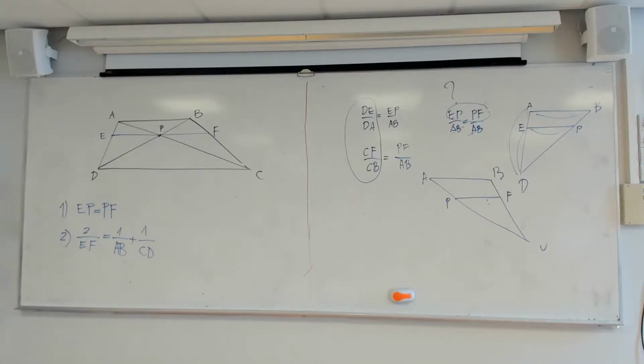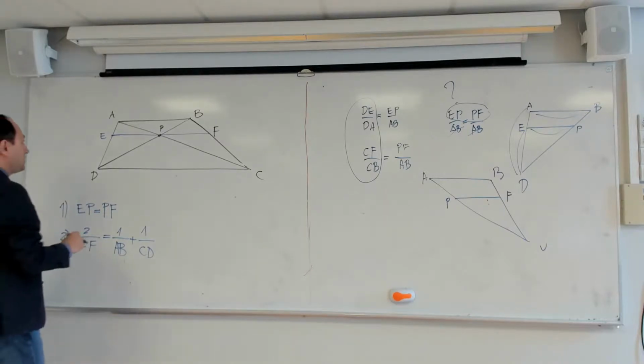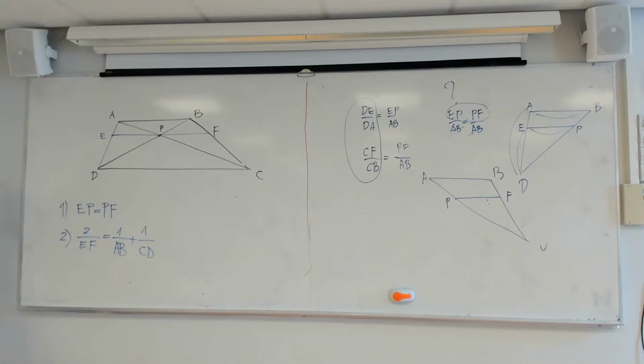Are they? Yes. So how are you convinced? Because APB and DPC are similar triangles. So then their height to base ratio would be... but they haven't studied that. So I need to. That's my difficulty when I teach the lower classes.